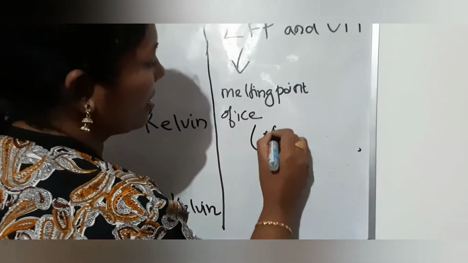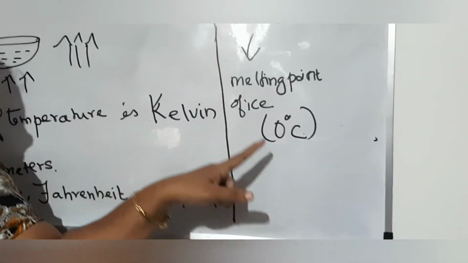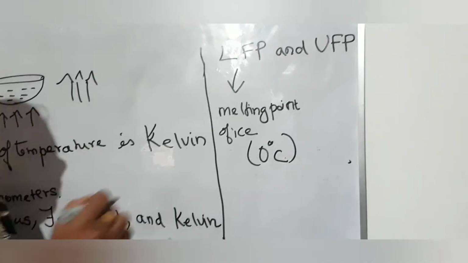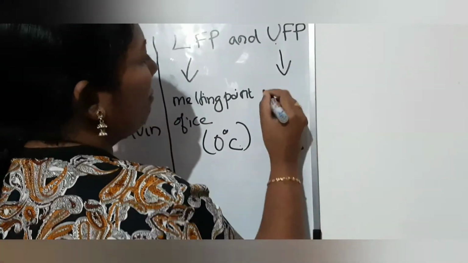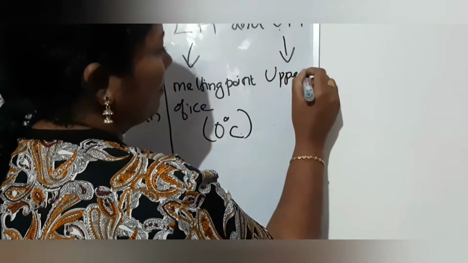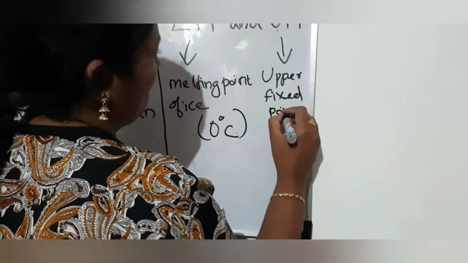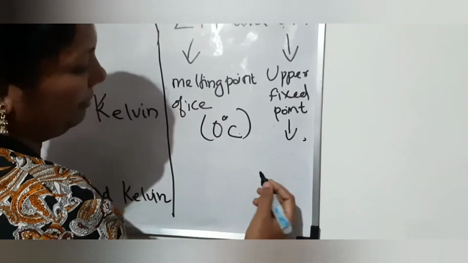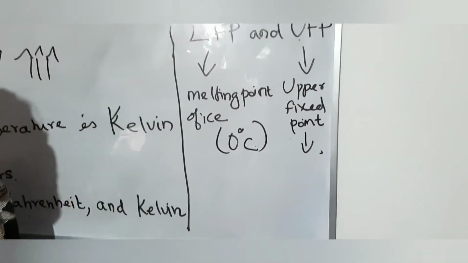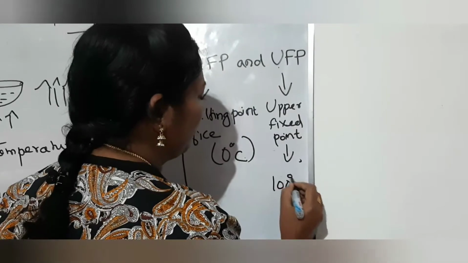And it's 0 degrees C. So the lower fixed point, that is LFP, is 0 degrees C. UFP is the upper fixed point. This is the boiling point of water, and it is 100 degrees C.